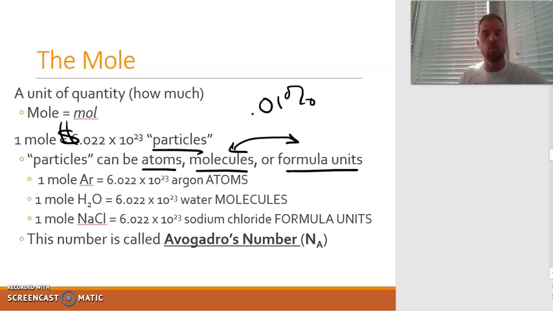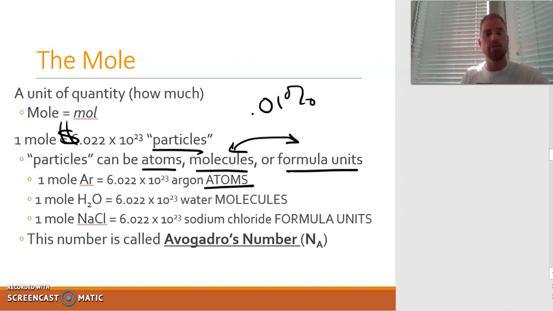So if I said you had 1 mole of argon, ask yourself, what is argon? Well, argon is an atom, right? It's not a compound. It's not a molecule. It's just an atom. So 1 mole of argon is the same thing as saying you have 6.022 times 10 to the 23rd argon atoms. It wouldn't make sense to say argon molecules because argon isn't a molecule.